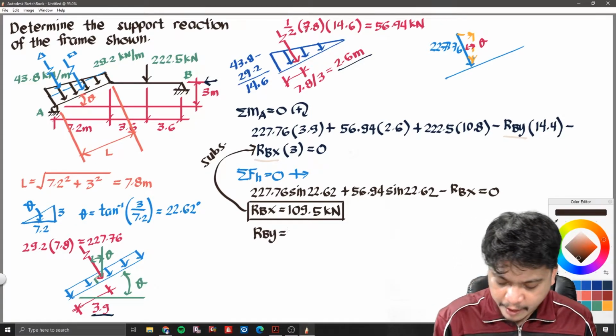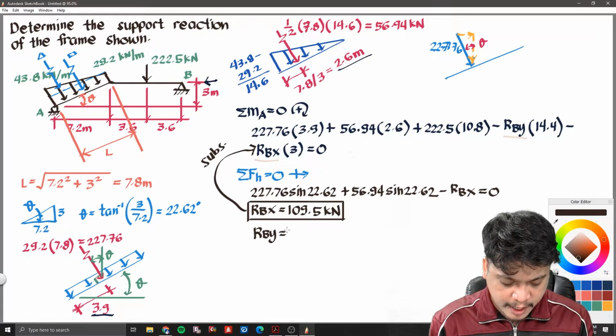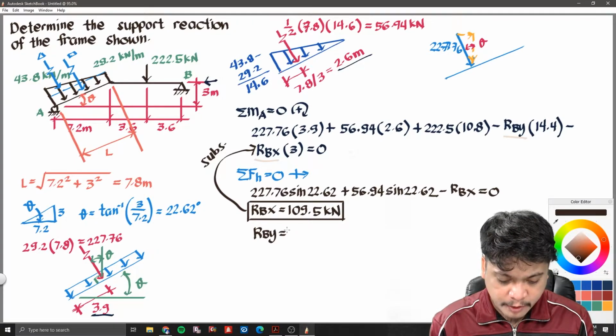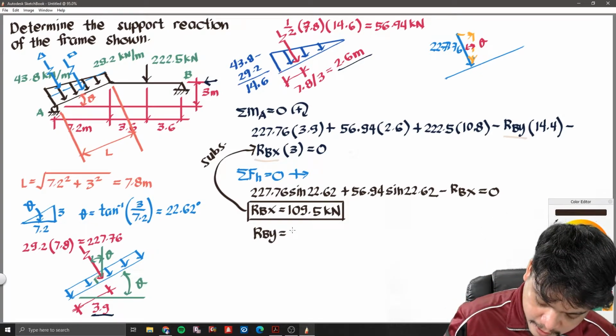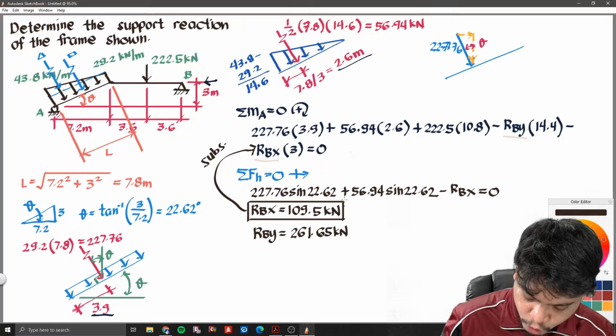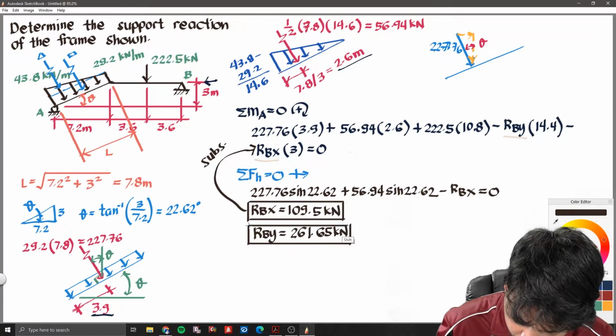So, for the RBY, we can have it as, okay, 227.76 times 3.9 plus 56.94 times 2.6 plus 222.5 multiplied by 10.8 and then plus 3 multiplied by the RBX 109.5, okay, and then divided by 14.4, so you will be having here 261.65 kilonewton. Okay, so ayan, meron na rin ako ngayon na para sa RBY.